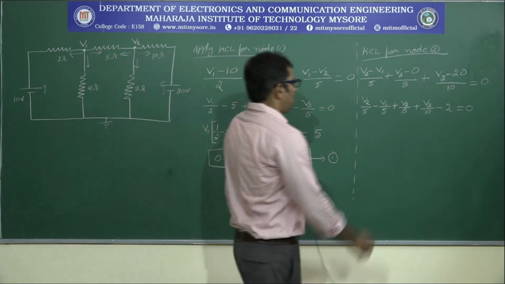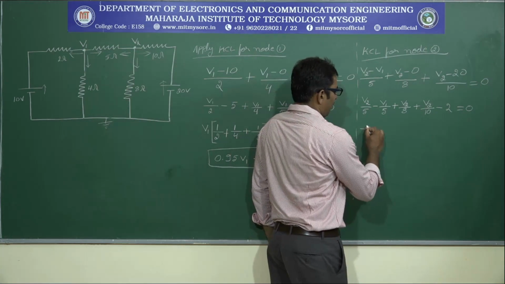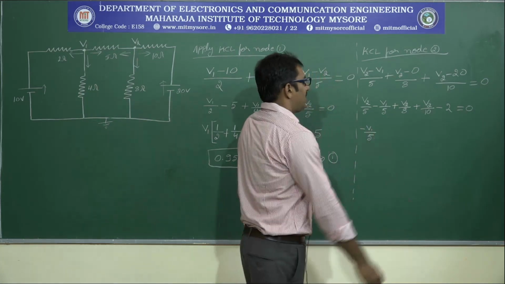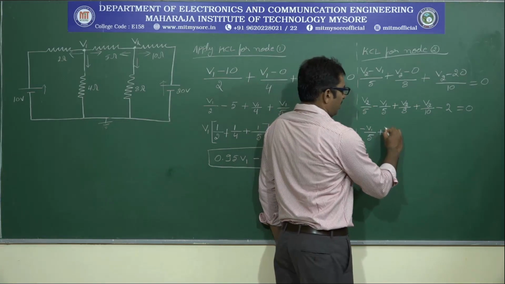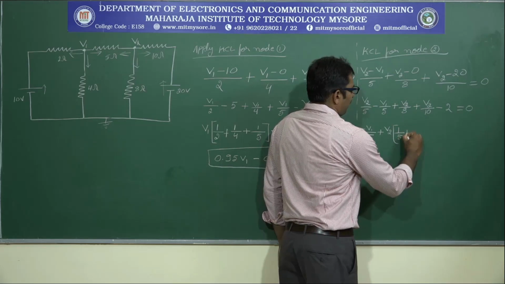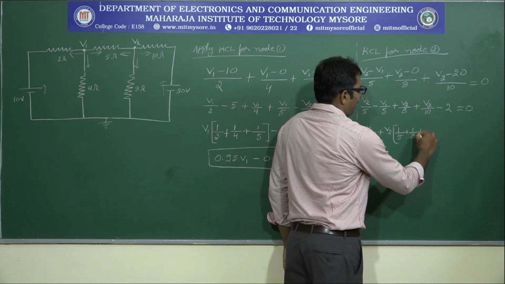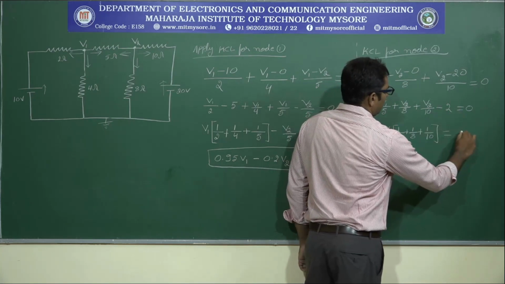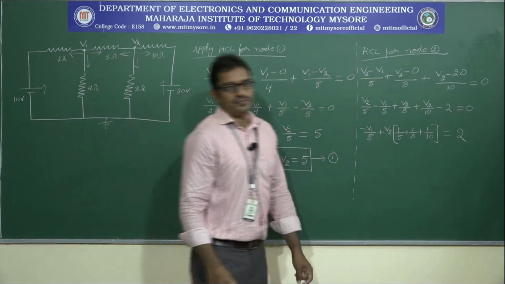Next, group the first factor: minus V1 by 5. Next, V2 as a common factor, V2 times 1 by 5 plus 1 by 8 plus 1 by 10. The remaining term 2 comes to RHS as plus 2.